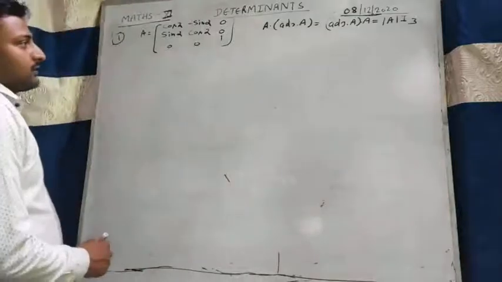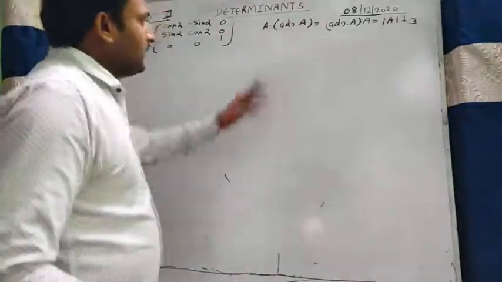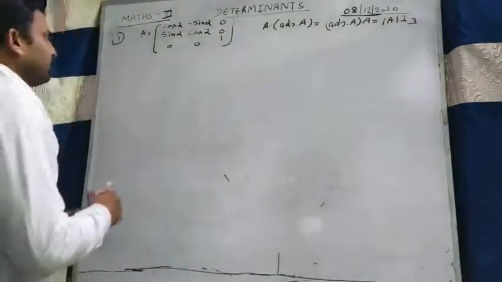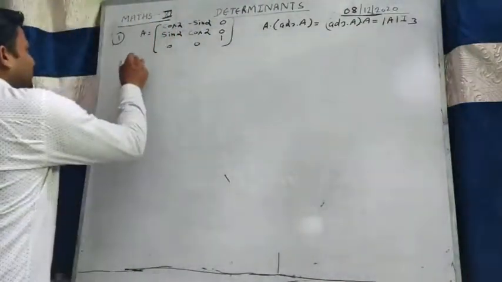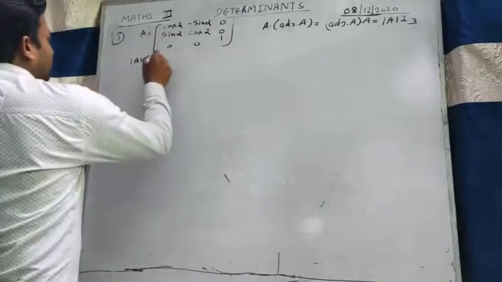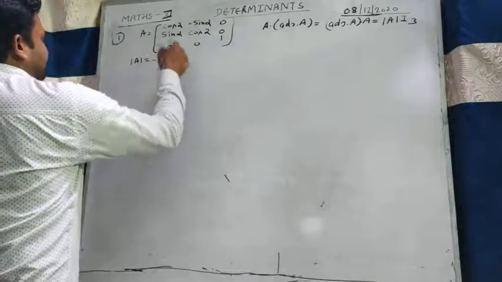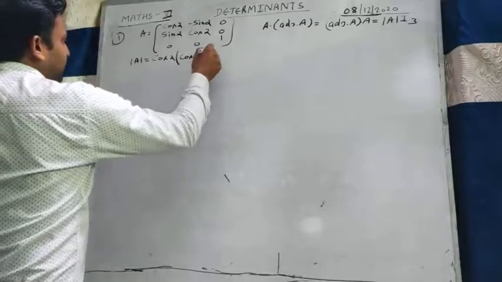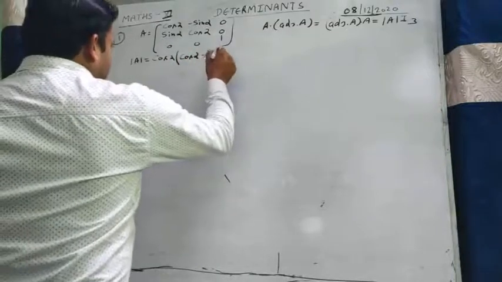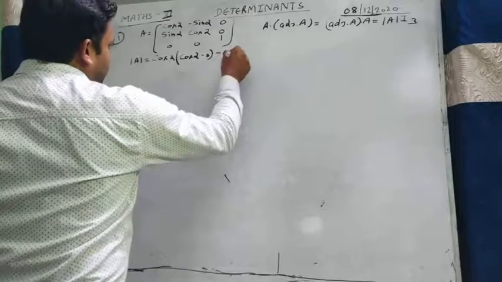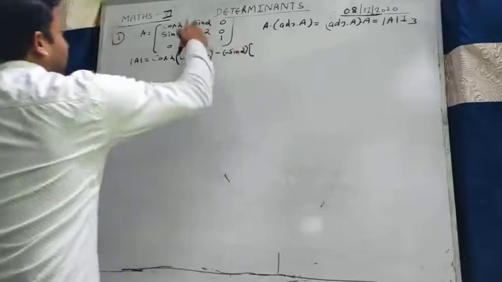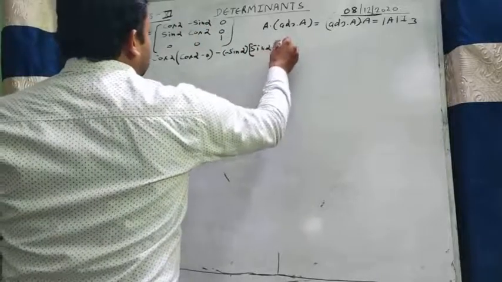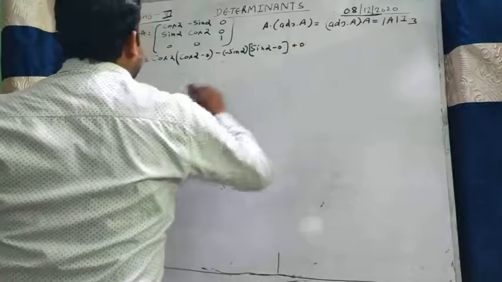Okay, so first, this is equal to determinant of A, so we are going to find first what is the determinant of A. The determinant of A is cos alpha, this will be cancelled, this will be cancelled, cos alpha minus 0, minus sin alpha, under bracket this cancels, so sin alpha is 0 minus 0, and the third term is 0.